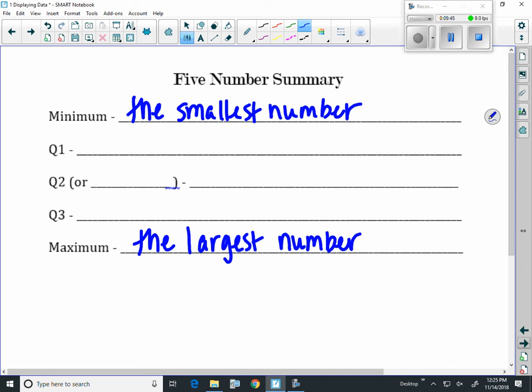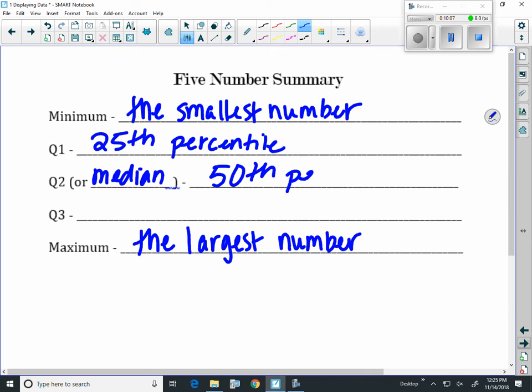Okay, what was quartile 1 or Q1? The 25th percentile. What was quartile 2? It was the median, which is the 50th percentile.